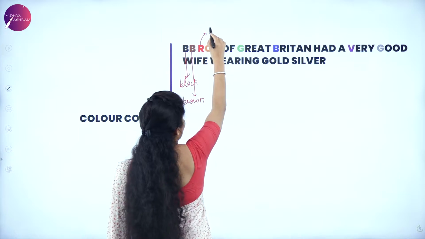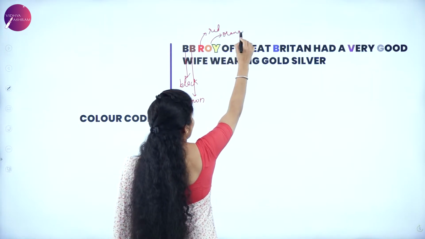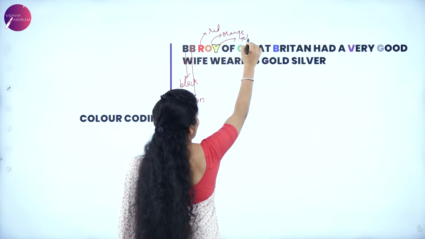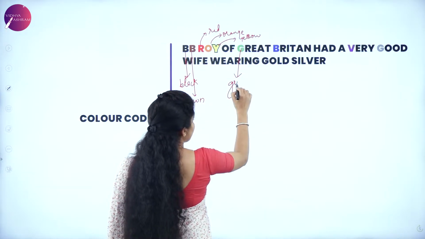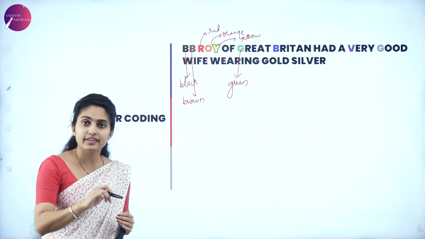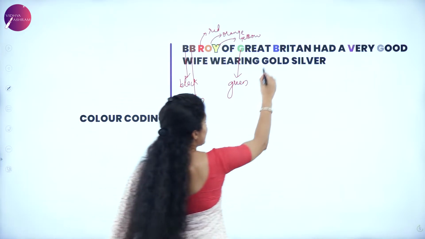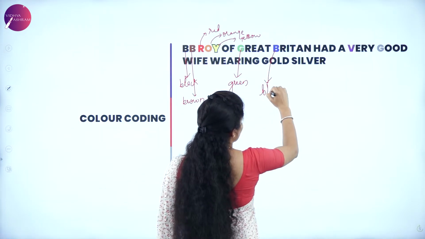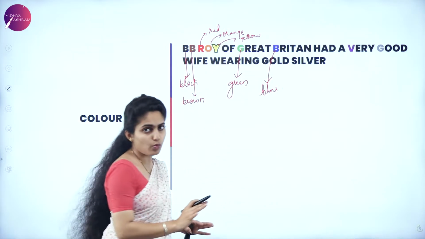Roy means R for red, O for orange, Y for yellow. And G for green. Of Great Britain, Britain starts with B, so B means blue.